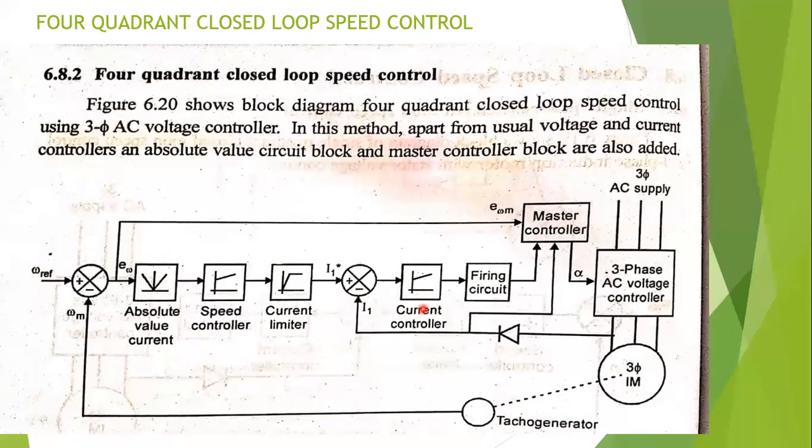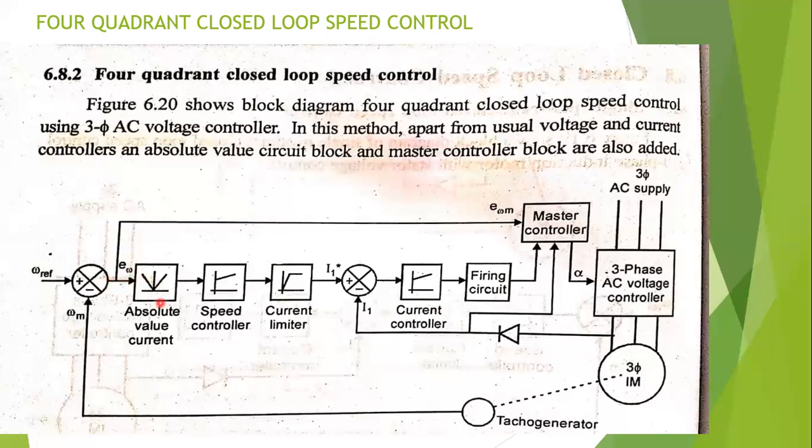Okay, the absolute value circuit gives the positive voltage. This block, the absolute value circuit, gives a positive voltage as the output, whether the input signal is positive or negative, depending upon the direction of the rotation. Understood?